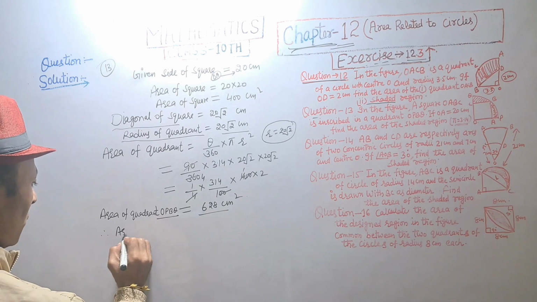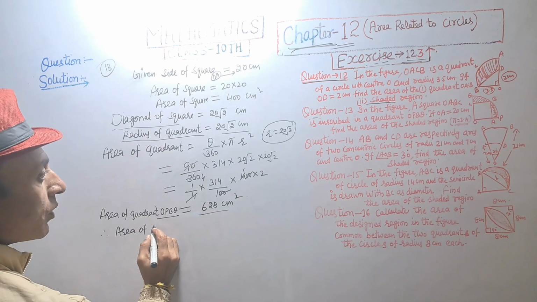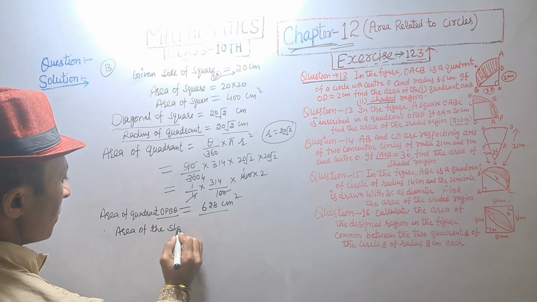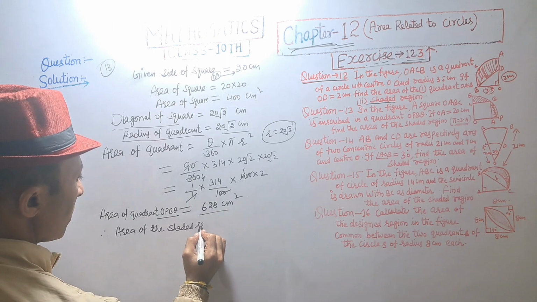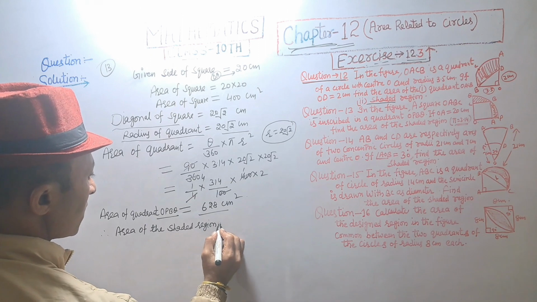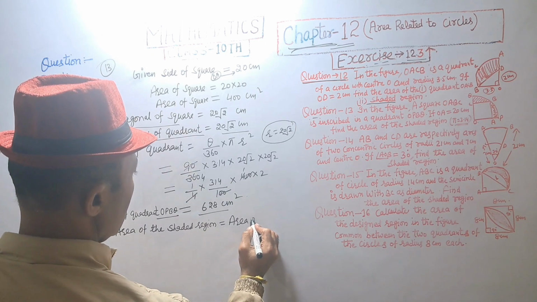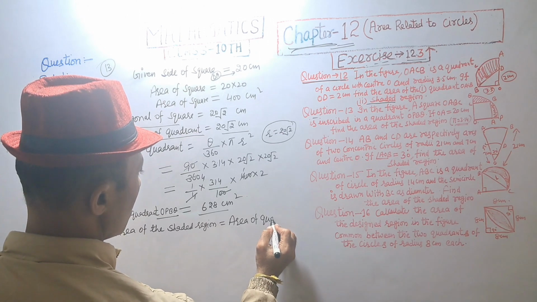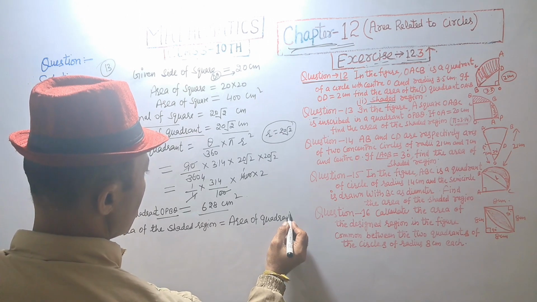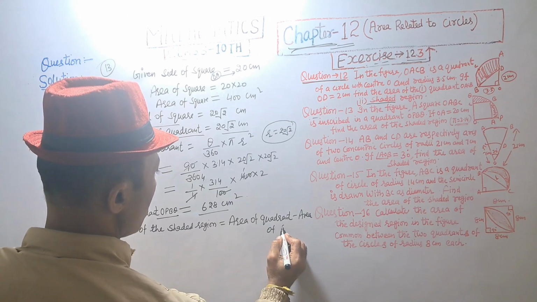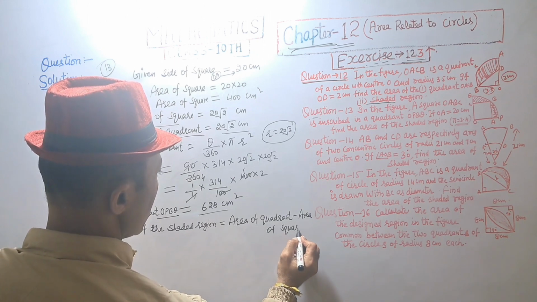Area of the shaded region is equal to area of quadrant minus area of square.